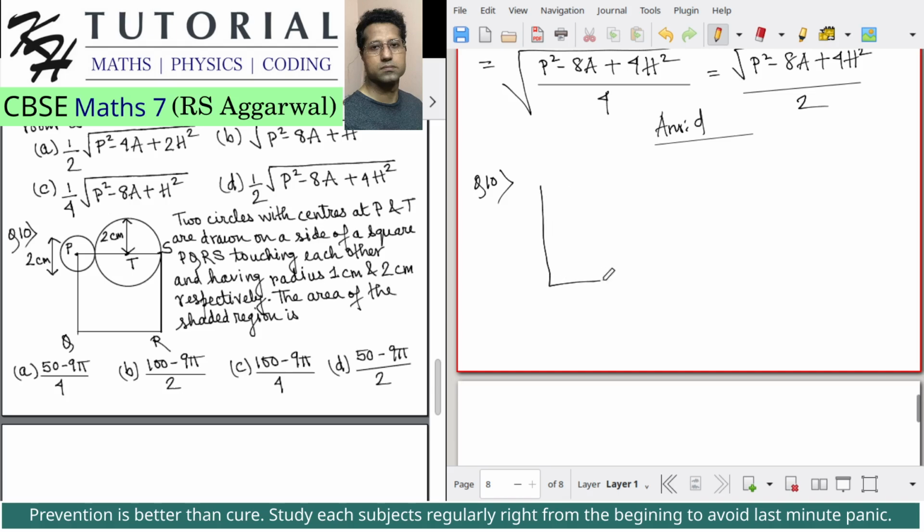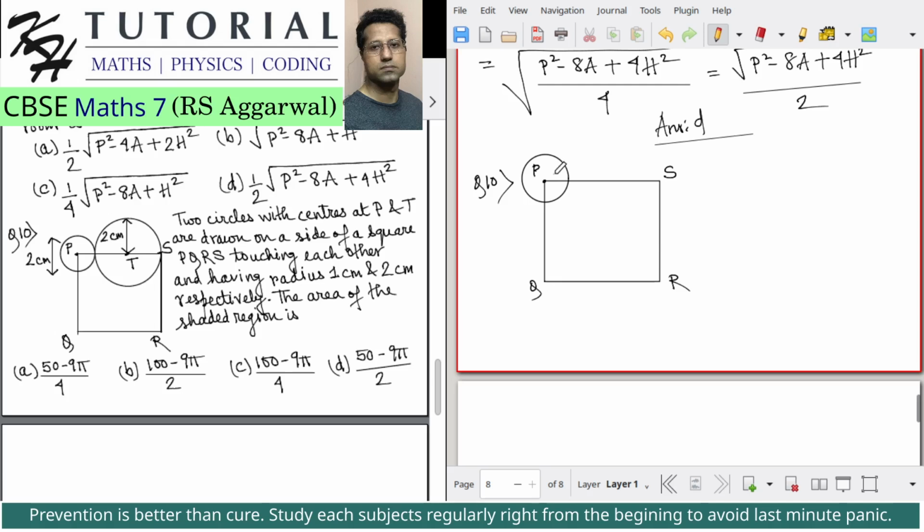So we have this square, and we have a circle. The square is PQRS. At the vertex P there is a circle.